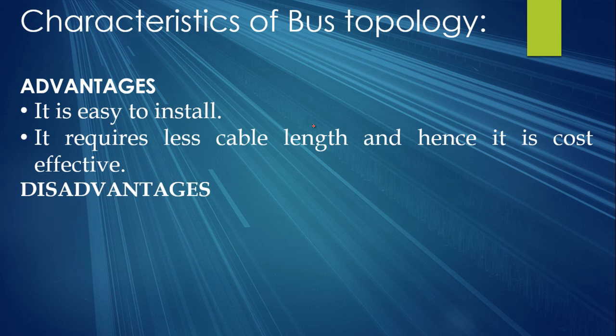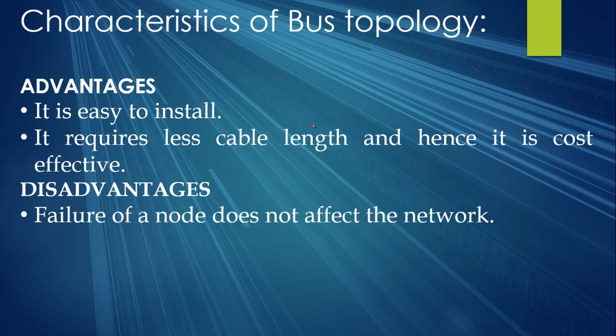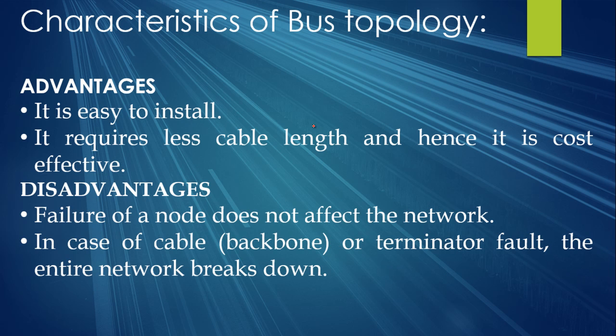But what are the disadvantages of this? Failure of a node does not affect the network. So if a single system fails, it does not affect the entire network. The entire network works in a smooth manner. But all the systems are connected to the backbone cable, so if there is a fault in the backbone cable, then the entire network breaks down.